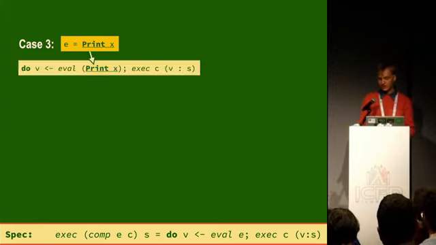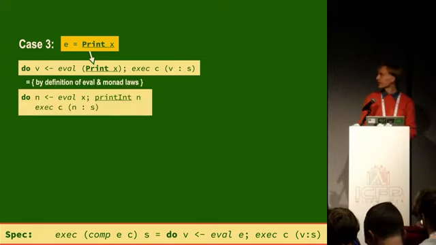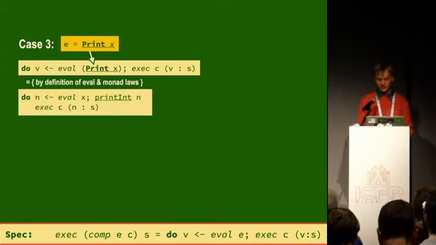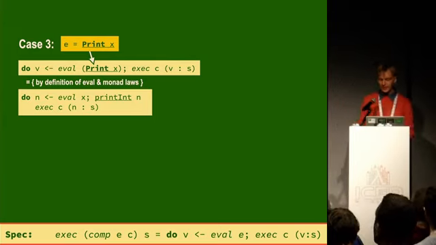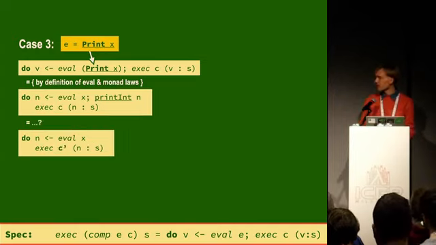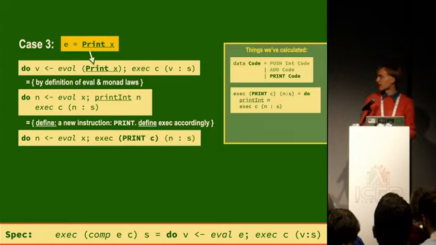And finally, very similar to the add case, I'm going to do the print case. Again, we want to use induction, but this time it's only once. And the tricky thing here is that we have this print int in the way, and this time it's the print int that is actually blocking us from applying induction. So unsurprisingly, I'm going to take the exact same trick again, and I'm just going to make this new instruction, which sort of just gets it out of the way.